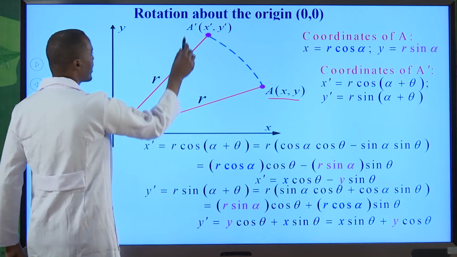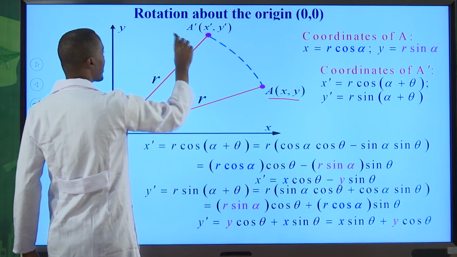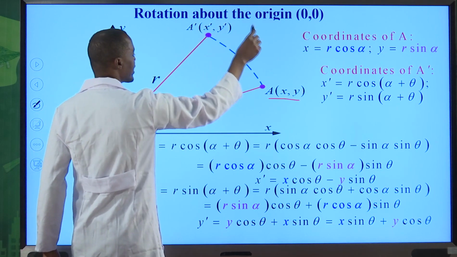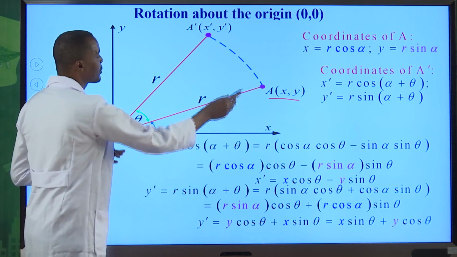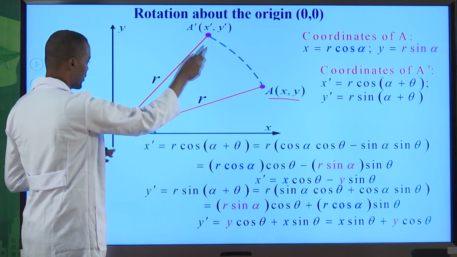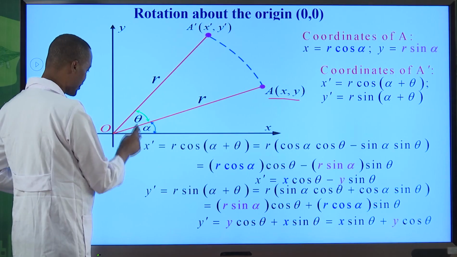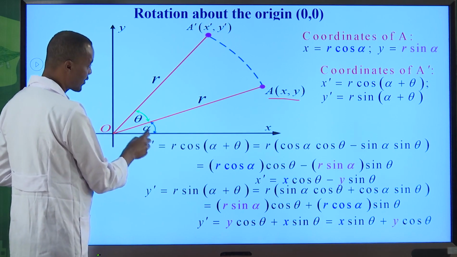Finally we will get a new point, a new coordinate, that is A prime of x prime comma y prime, and this is the image obtained upon rotating the point A, which has a radius r at an angle alpha, and this one has an angle theta, and altogether we are at an angle of theta plus alpha.